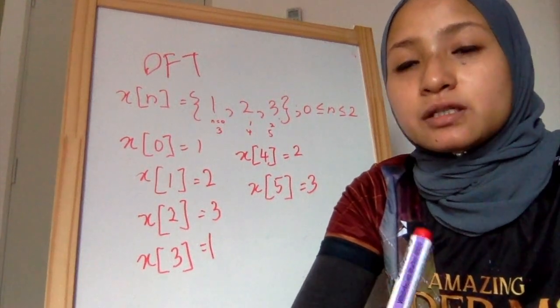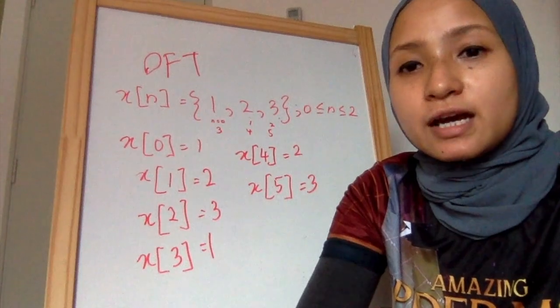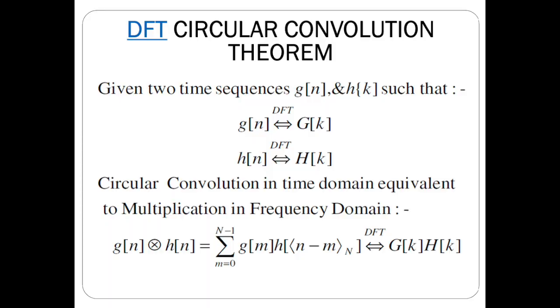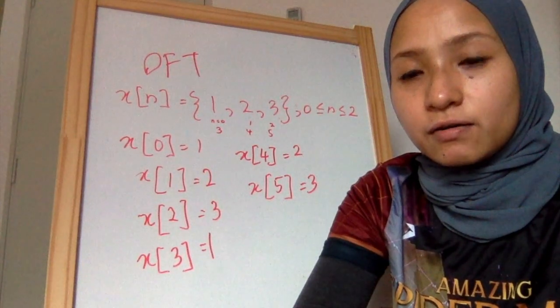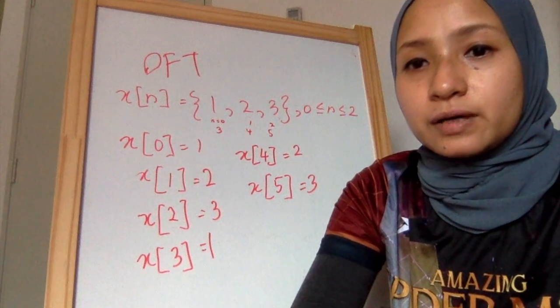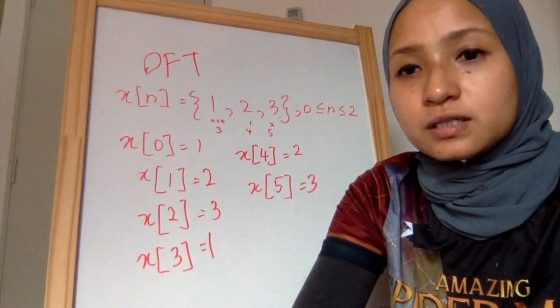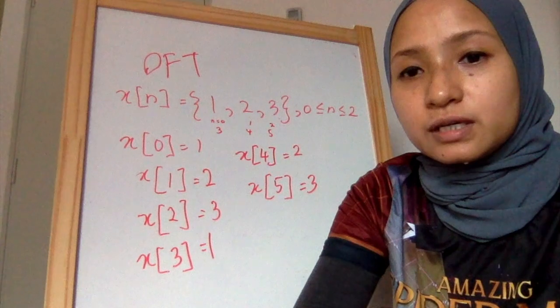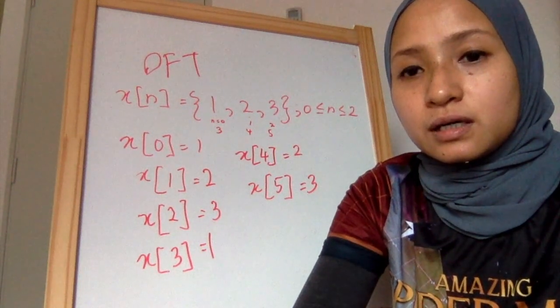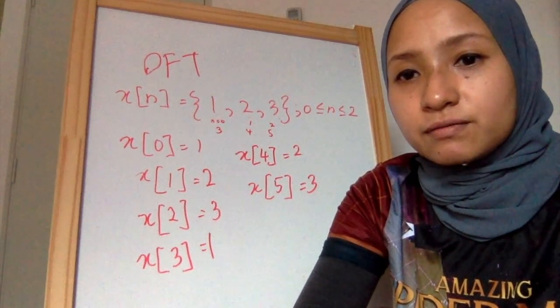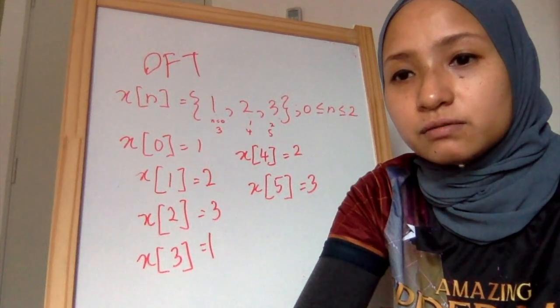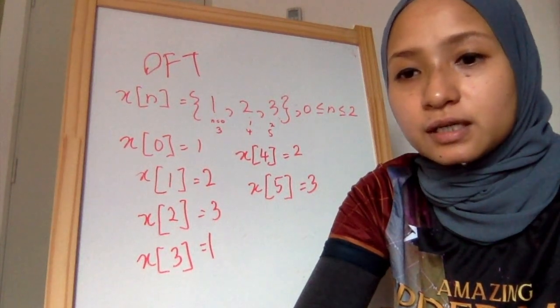For DFT we also have the circular convolution theorem. Same thing, there is no big difference between DTFT and DFT. We have convolution, and in circular convolution we have Gk, Hk, same thing.